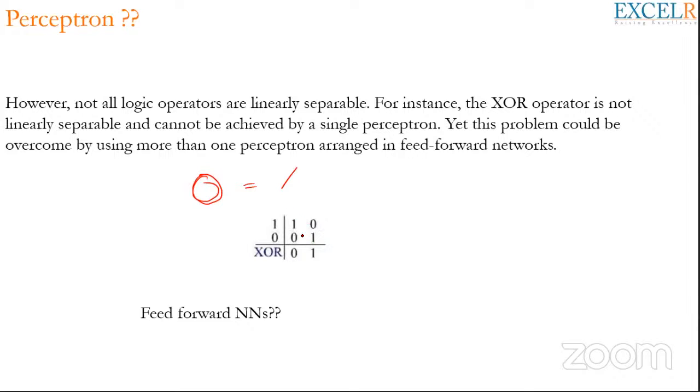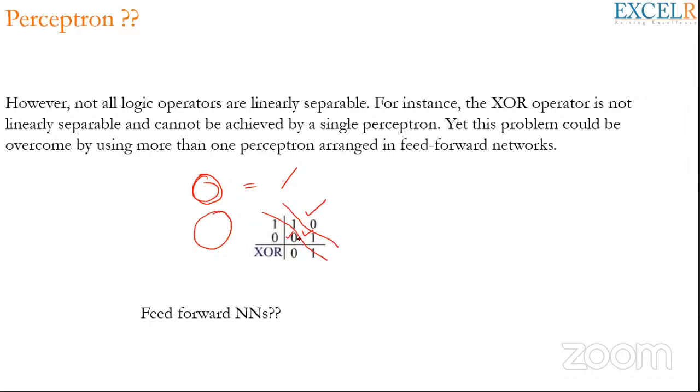But can we divide this feature space into pure regions if I had two lines, two decision boundaries like this, for example, here and here? Yes, these are pure regions, these are pure regions, these are also pure regions. So if I use two perceptrons like this, I can form the pure regions.